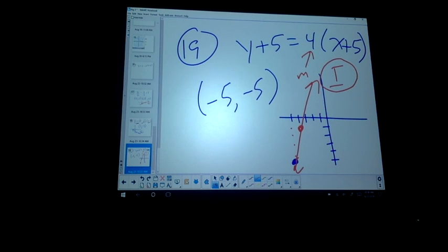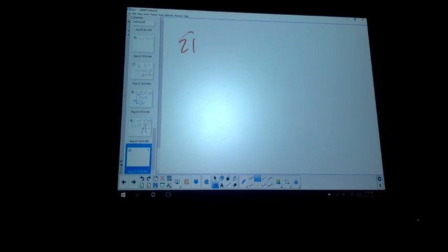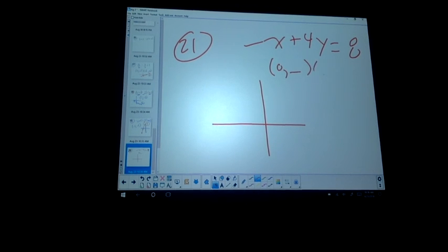Anything else from 21? Negative x plus 4y equals 8. All right. Cover method's totally going to work on this one. So I get 0, comma blank, and blank, comma 0.